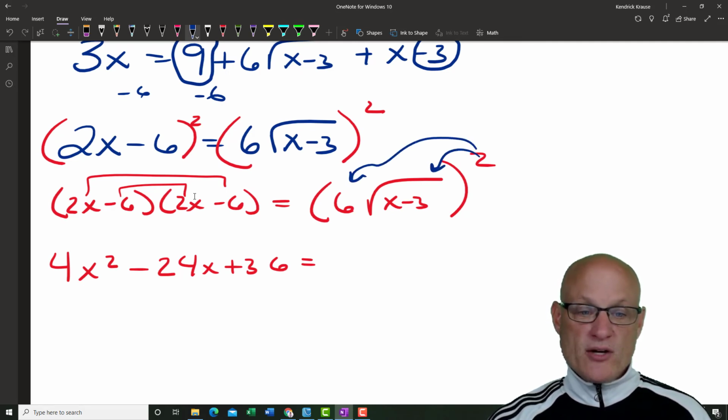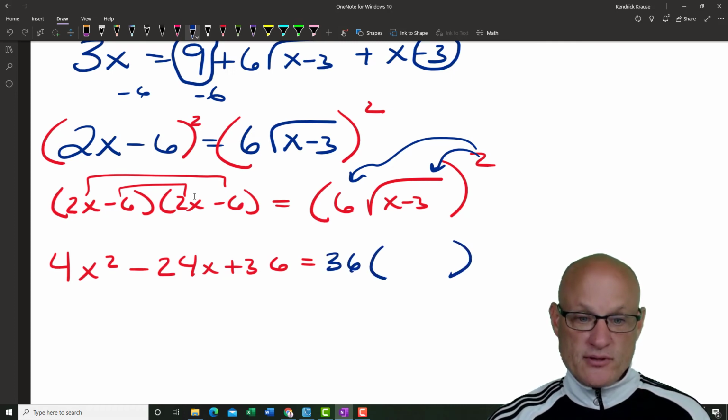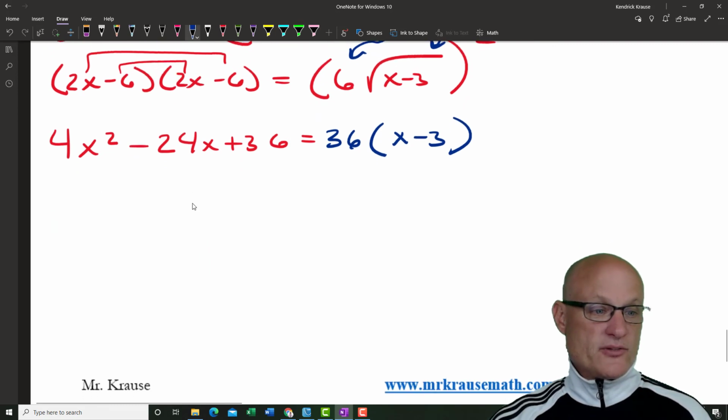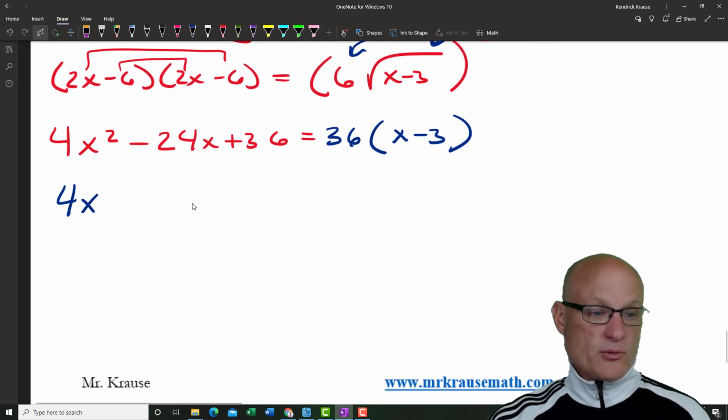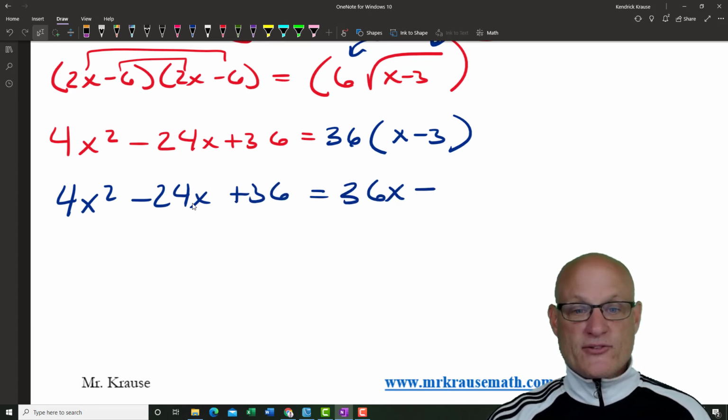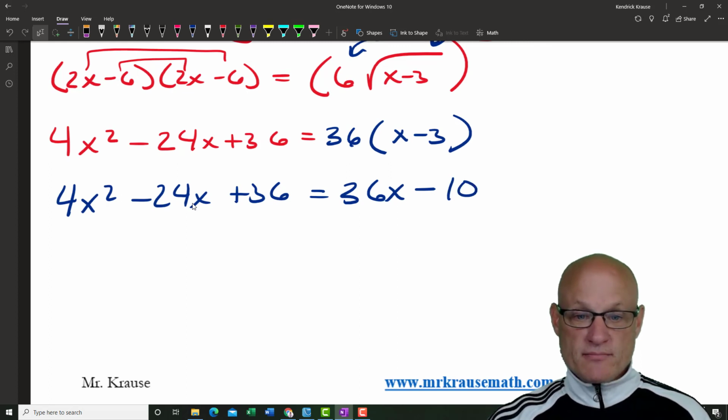So if I square the 6, I get 36 times x minus 3, because the square and the square root just cancel each other out. This is a tough problem right here. 4x squared minus 24x plus 36 equals 36x minus 108. Right? 36 times 3 is 108.